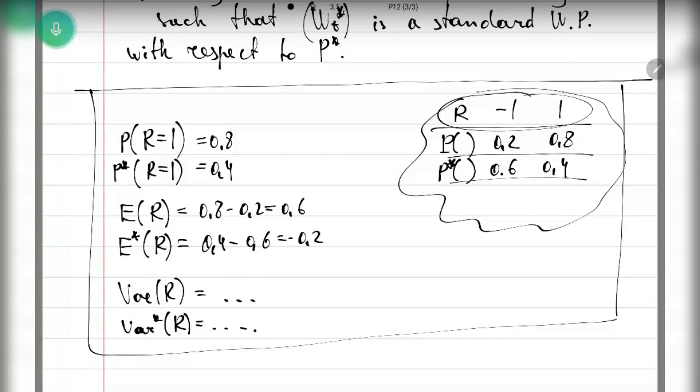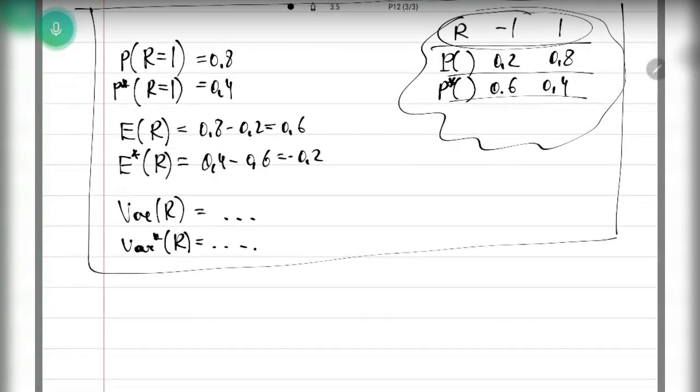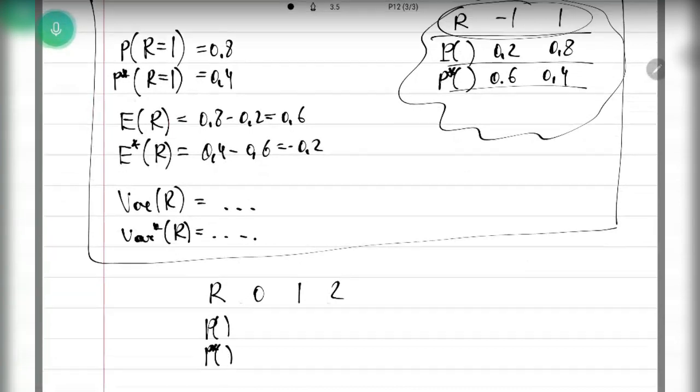Okay, now let's imagine the other case. You have the random variable R that has values 0, 1, and 2. And you have two probabilities, P and P star.